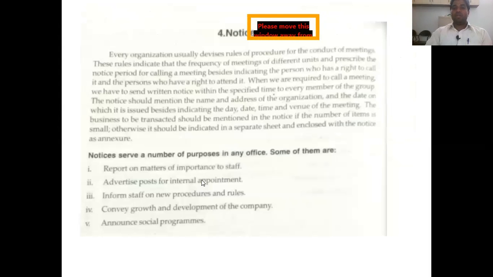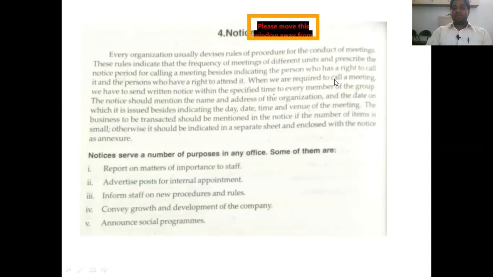Next we can move on to notice. An organization usually devises rules of procedure for the conduct of meetings. These rules indicate the frequency of meetings of different units, the notice period for calling a meeting, besides indicating the person who has the right to call it and the persons who have a right to attend it.